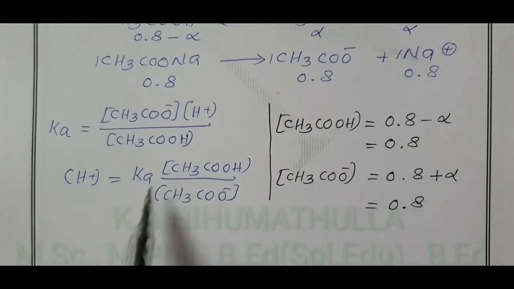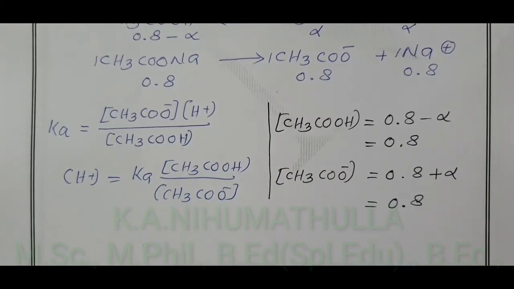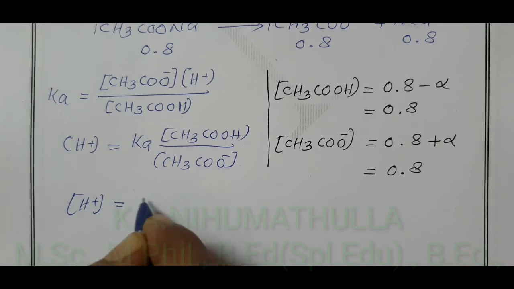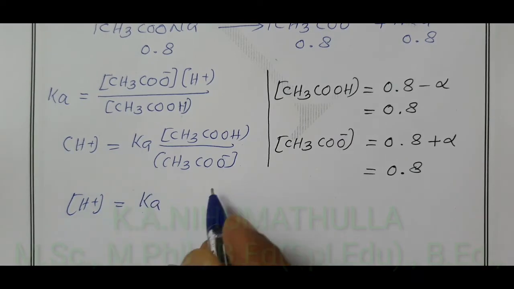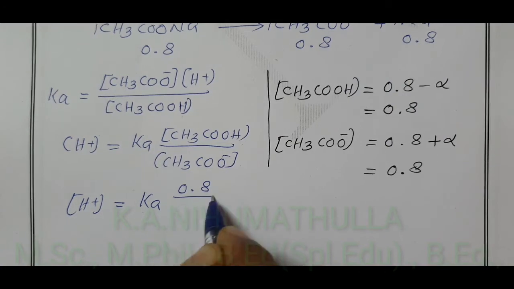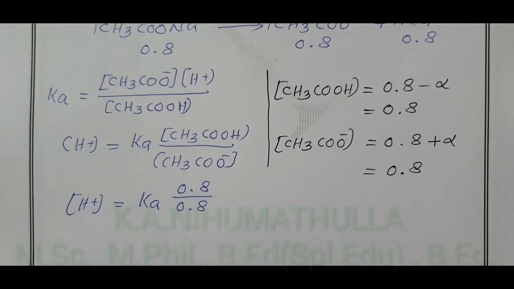Substitute these two values in this equation. What happens? Concentration of H plus ion is equal to Ka into concentration of acetic acid 0.8, concentration of acetate 0.8. 0.8 get cancelled.